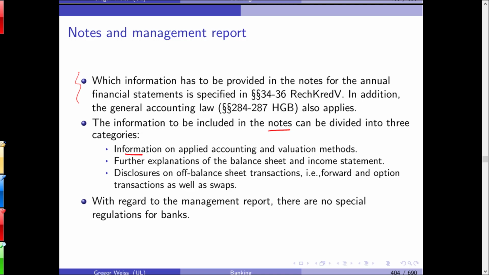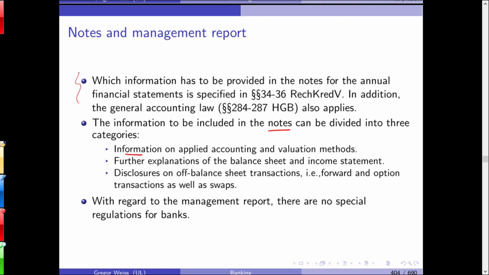First, you have information on the rules and methods that have been applied in accounting and valuation. So everything you've done to construct your balance sheet and your income statement, all those decisions need to be documented. Why?